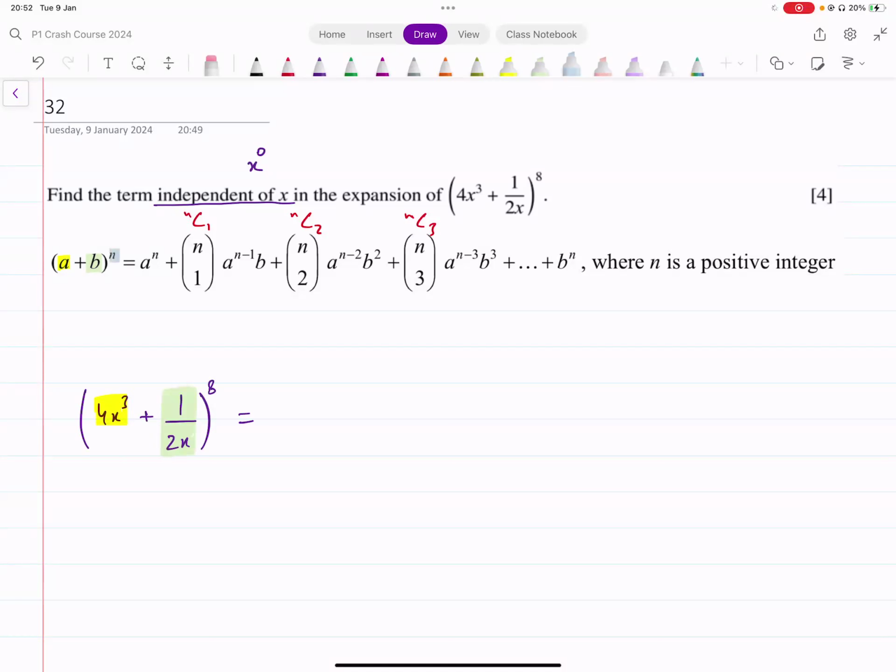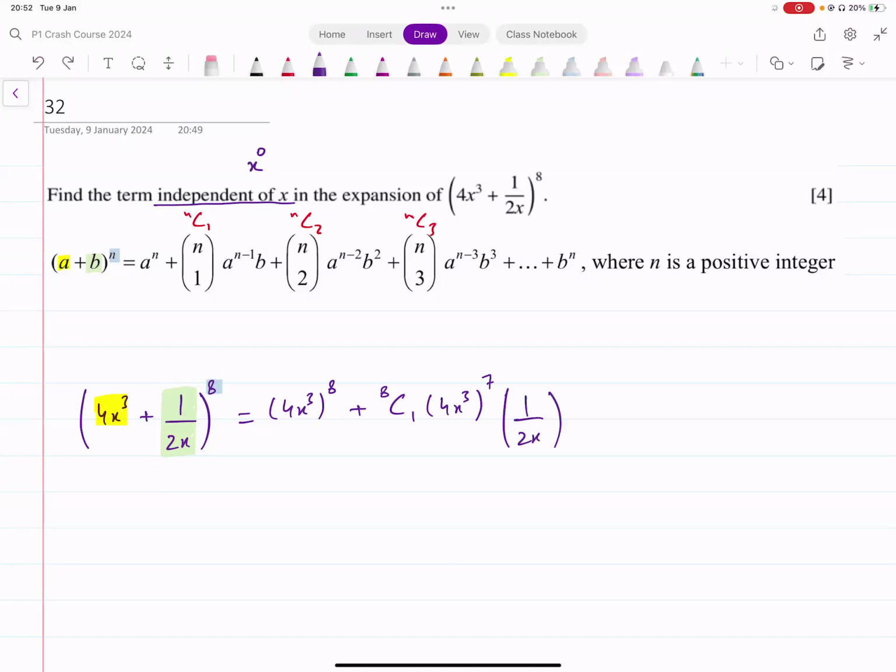N is 8. Let's input values here. A raised to power n, that's 4x cubed raised to power 8. Plus nc1, what's n? N is 8. 8c1 into 4x cubed whole raised to power 7 into 1 over 2x.